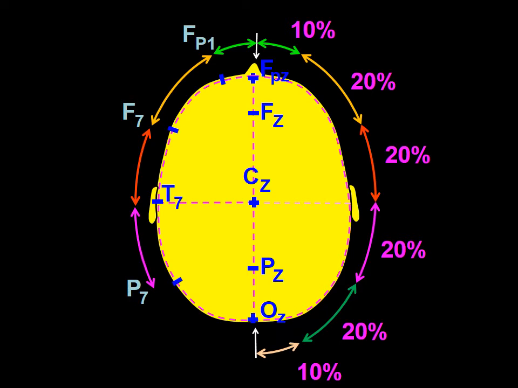Then we follow the same exercise towards OZ. 20% from T7 we place P7, 20% from P7 we place O1, and make sure that 10% is left between the places for O1 and OZ.